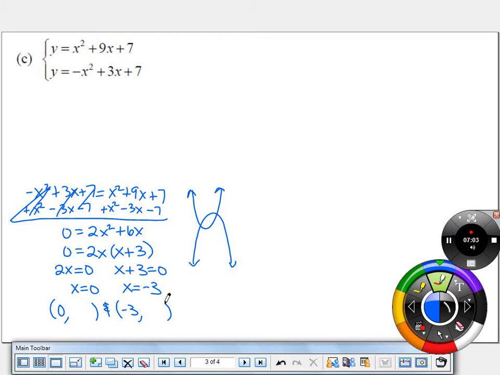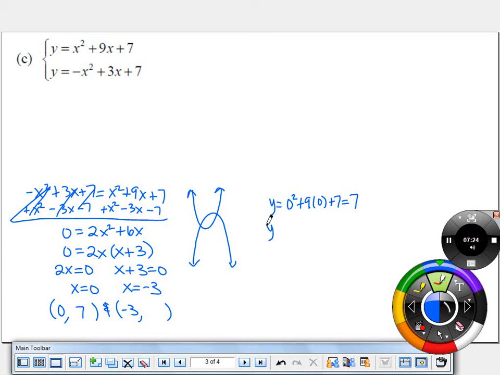So we'll take one of the equations. I'll take the first one, and I'll plug in 0. And I'll get 7, so the point 0, 7. And you can check that that point exists in the second. Well, it should, because remember, your solutions to your system should work with both equations.